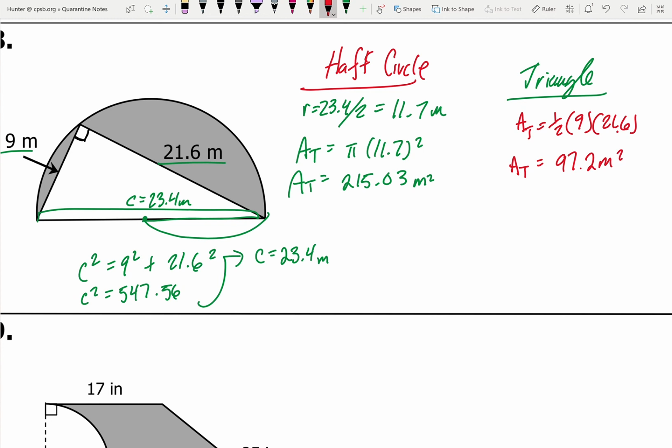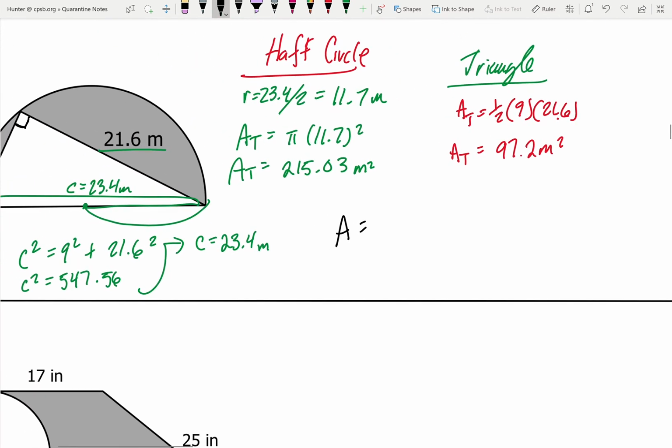Okay, now find our area of our shaded region by just doing the area of the half circle, which is 215.03.